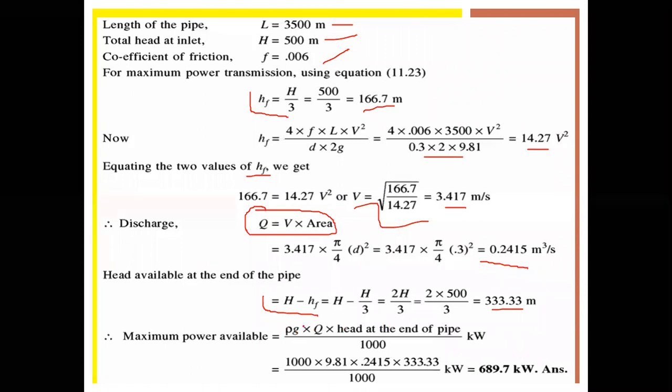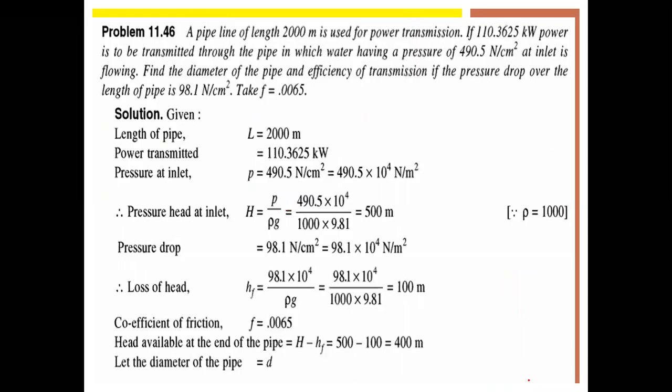Therefore, 1000 into 9.81 into 0.2415 into 333.33 divided by 1000, that is equal to 689.7 kilowatts. That is the maximum power available for the pipe.